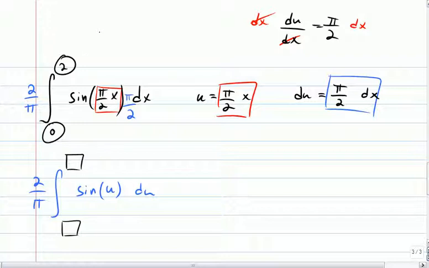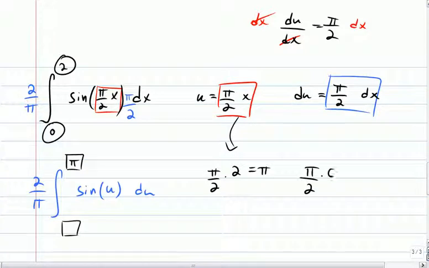Plug them into u, which is pi over 2 x. Plugging 2 in, you get pi over 2 times 2, which is pi. Plug 0 in, so you get pi over 2 times 0, and you get 0. So that's nice.